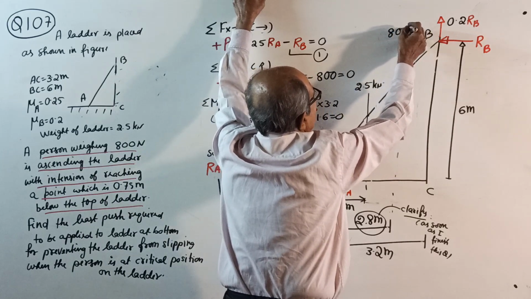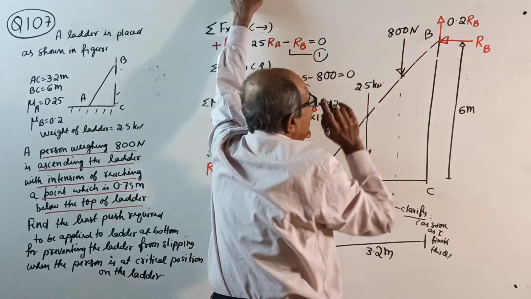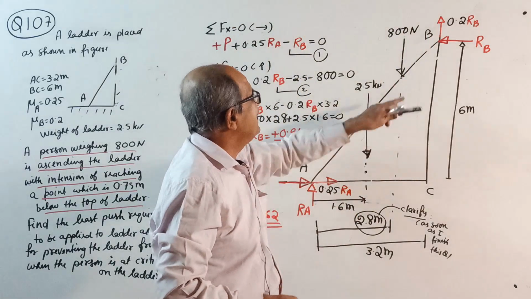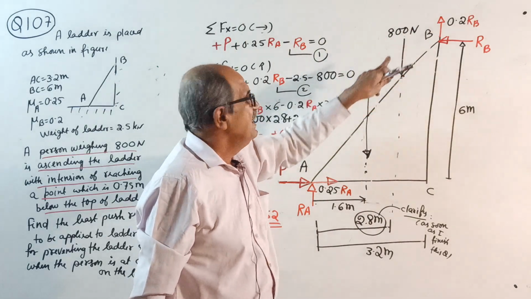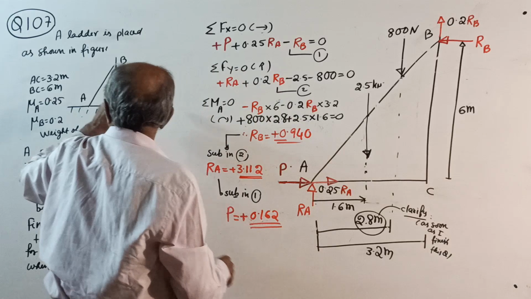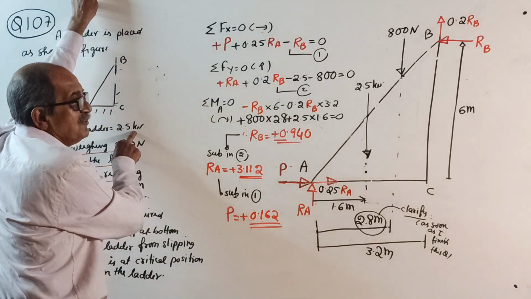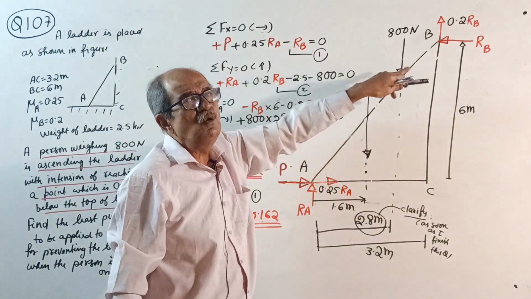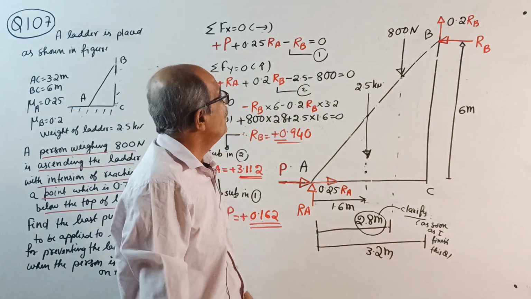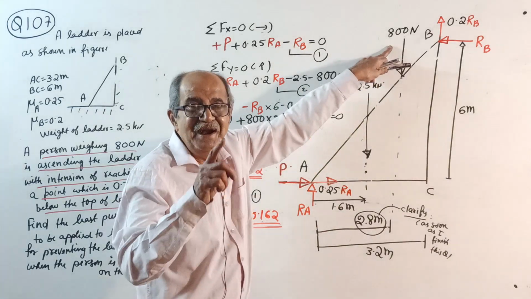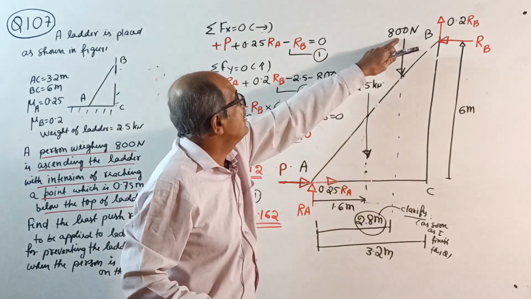Now anybody will catch it. Someone will comment there, 800 Newton. I forgot to write it. I wrote 0.8 correctly first. Why? If I take one of the values in kilonewton, all the remaining should be in kilonewton only. You can't put them in Newton. Meaningless it becomes. So I wanted to deliberately make a mistake. I wanted to write 800.